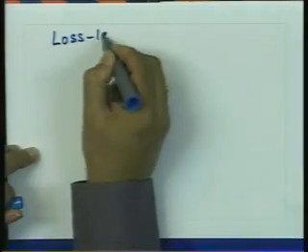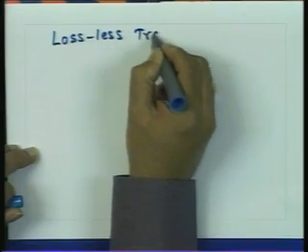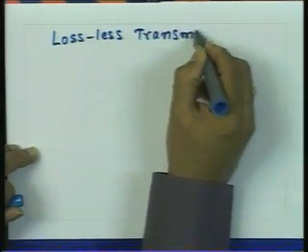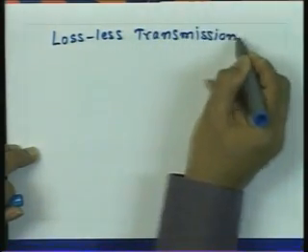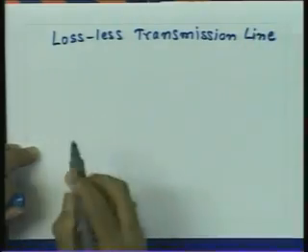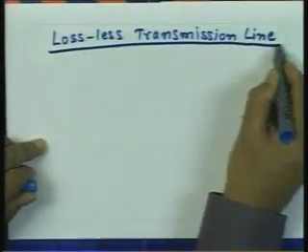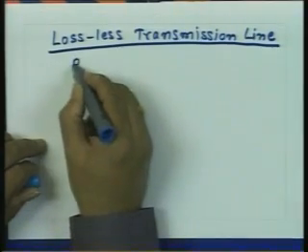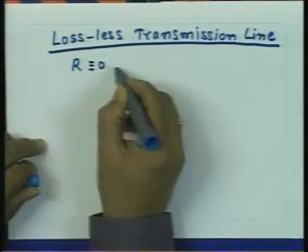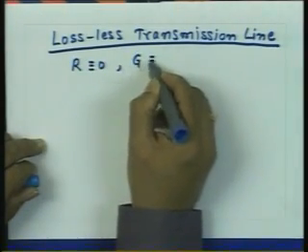So, taking the first case of the lossless transmission line, by definition a line is called lossless if R is equal to 0 and G is equal to 0.